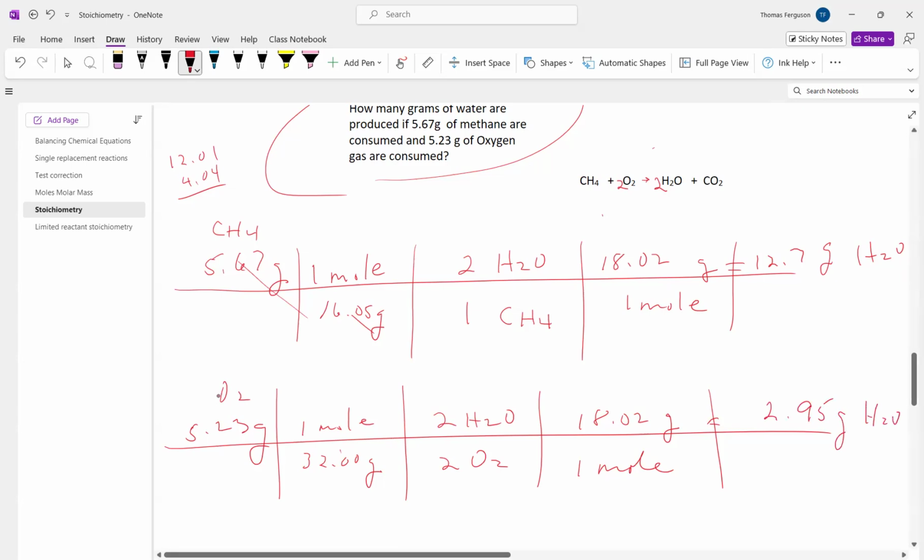So clearly there's a difference there. Which one produces the least amount of product, the least amount of water? Oxygen or methane? Oxygen, it's 295 versus 12. So it's clearly different.